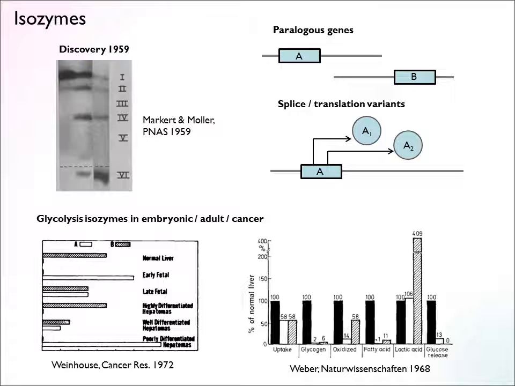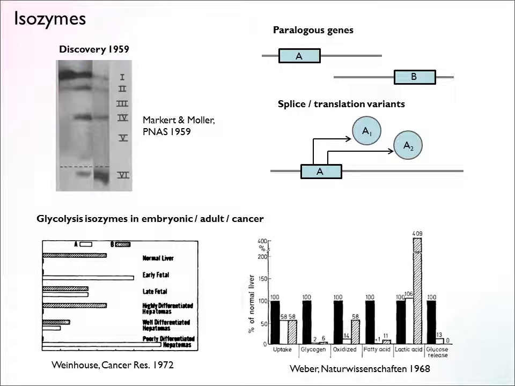And it was early on recognized that when you looked at embryonic types of tissues and compared that to adult tissues, or compared that to neoplasms, to cancer growth, it was clear that there were many metabolic activities that differed between these, sort of switched back and forth depending on going from normal to embryonic to cancer.